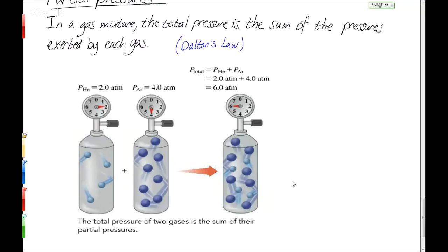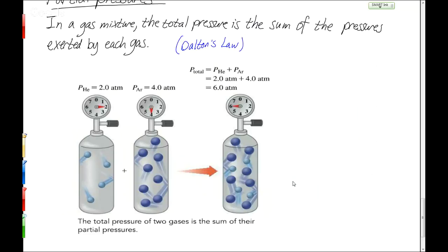I think this is like a specialized deep sea diving type mixture with oxygen in it also. You could pressurize one cylinder to 2 atmospheres, pressurize the other cylinder to 4 atmospheres. If you put all that together in one cylinder, you'd have 6 atmospheres of pressure total.